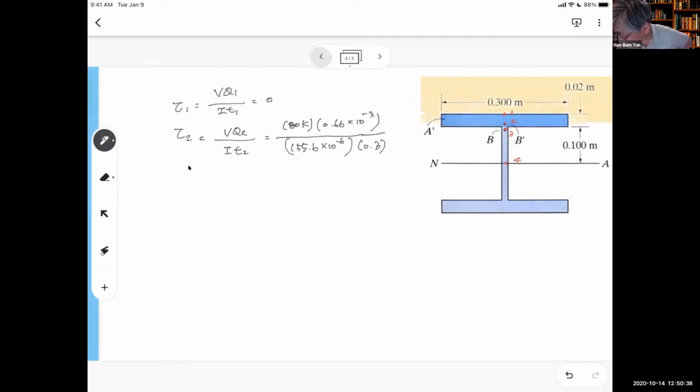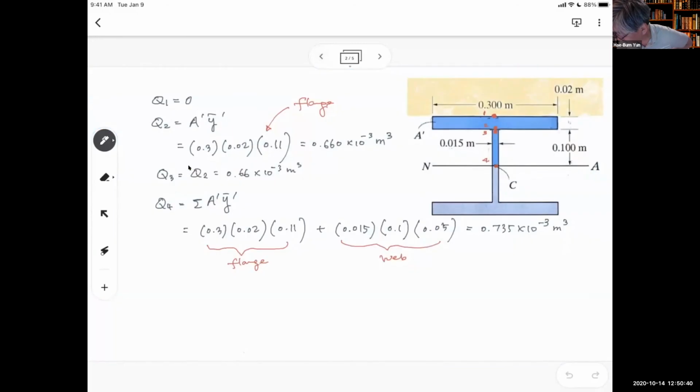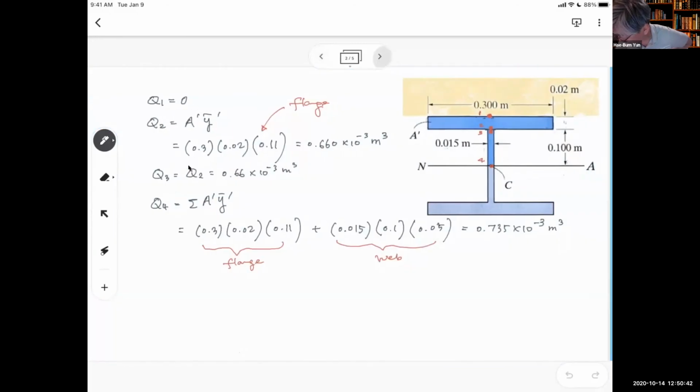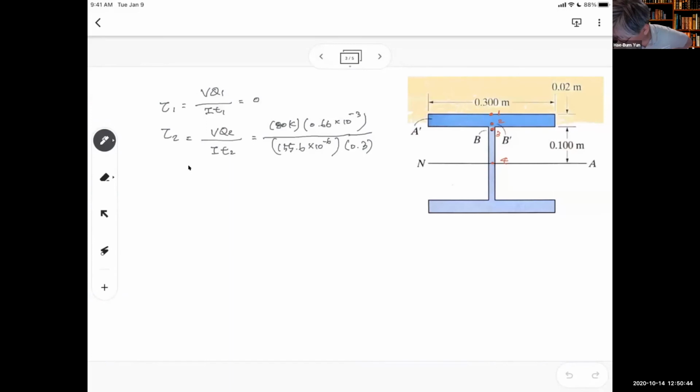What is that? 0.015, okay? Then you will get 1.13 megapascal.